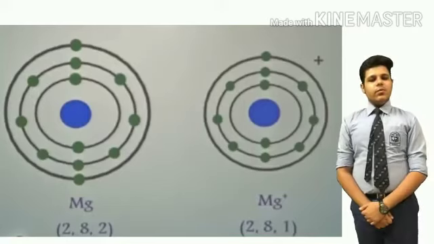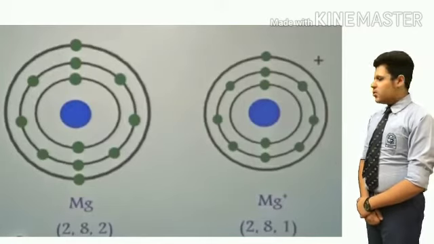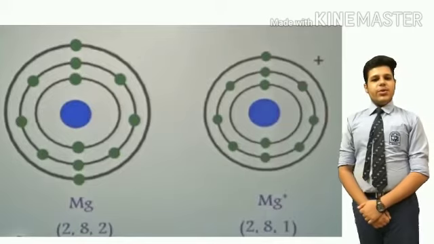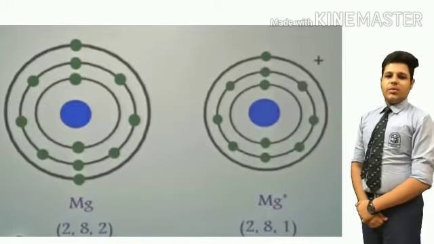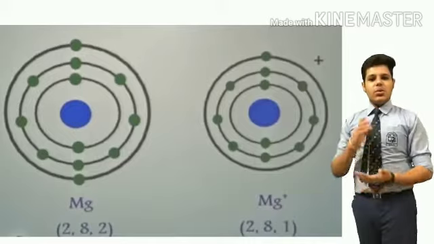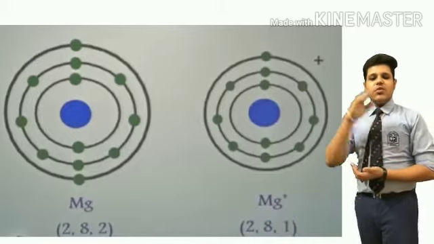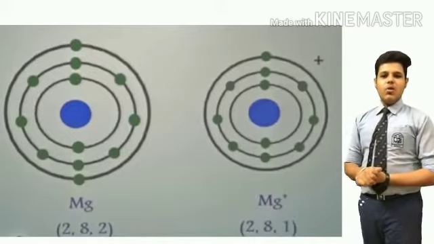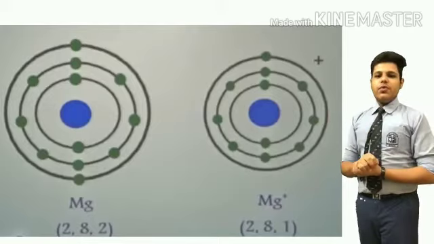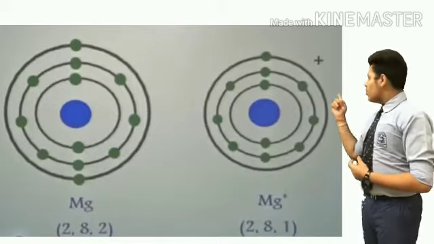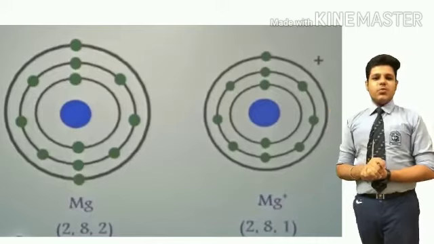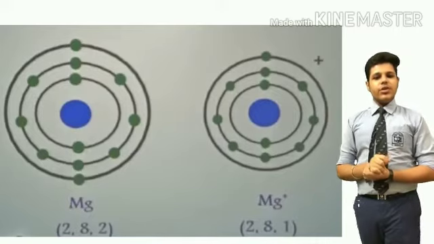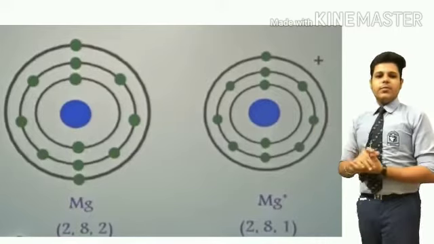In a neutral atom, we take magnesium. Its configuration is 2, 8, 2. In a neutral atom, the number of protons is equal to the number of electrons. Now, if we remove one electron from magnesium, we get positively charged magnesium, which has electron configuration 2, 8, 1.